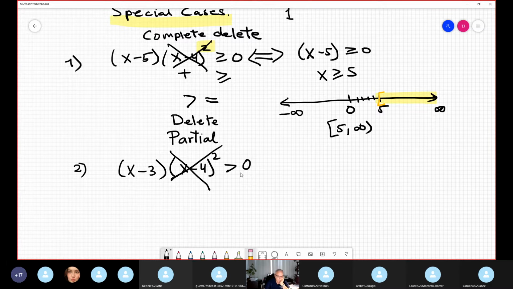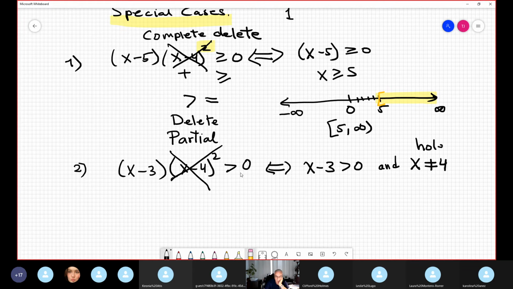In this case, no, it's partial. Why is it partial? Because this is equivalent to writing x minus 3 greater than 0, but you consider one condition: x is not 4. It's like a hole.